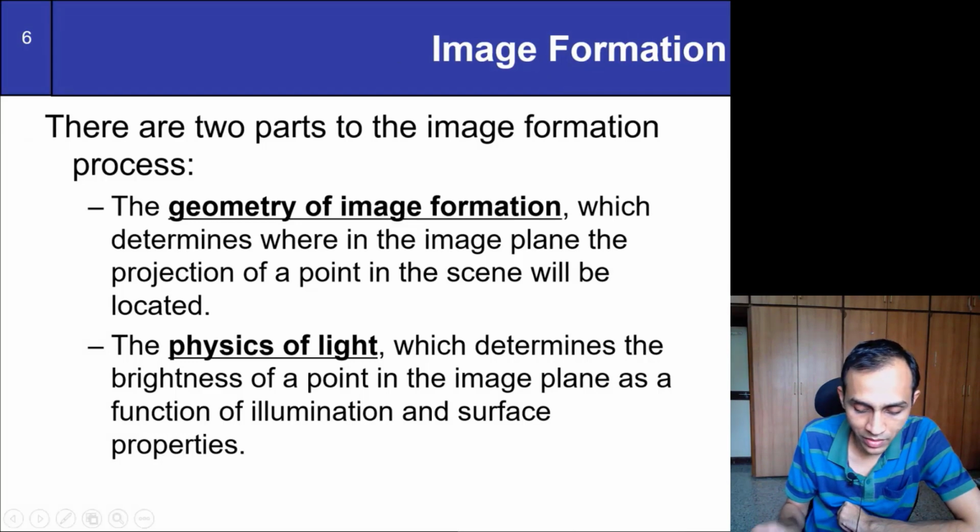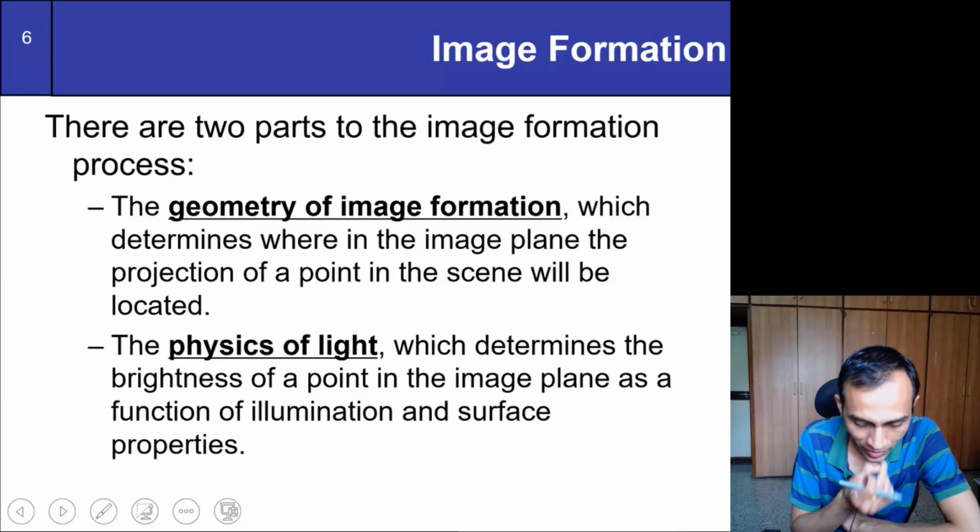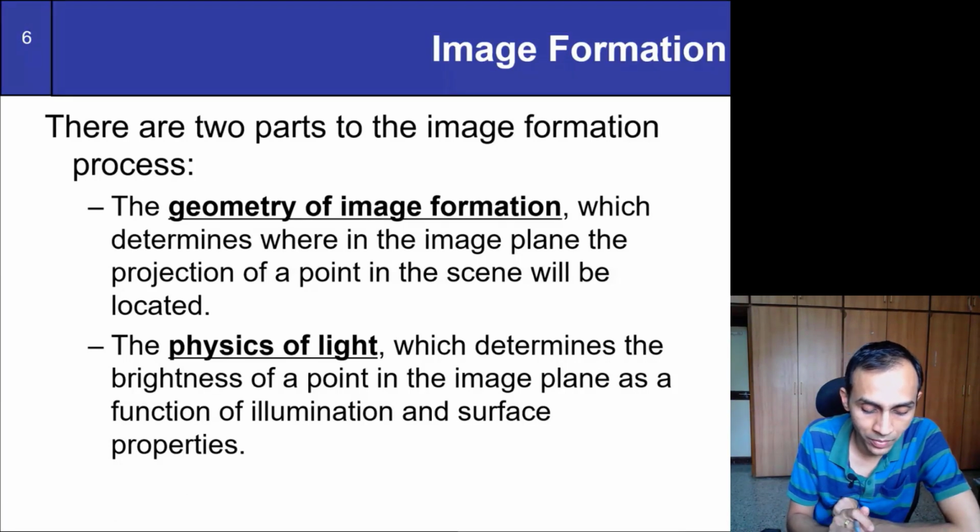Image formation is a detailed topic, sometimes discussed in a lot of detail, but we don't want to discuss it here because it is mostly useful for optics and hardware people. We are more interested in the algorithm part and the application part. So a basic idea is sufficient.